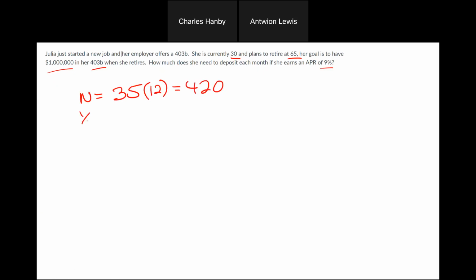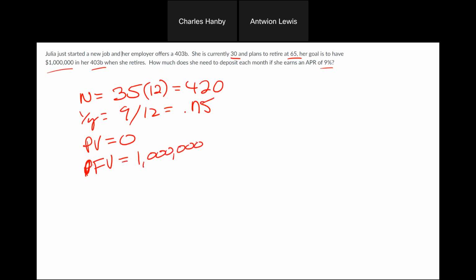The IY is going to make it a monthly rate. So 9 divided by 12, that's 0.75. PV is 0. There's nothing in the account to start with. We're calculating the payment. So future value is her savings goal of $1 million. She wants to have $1 million when she's done.